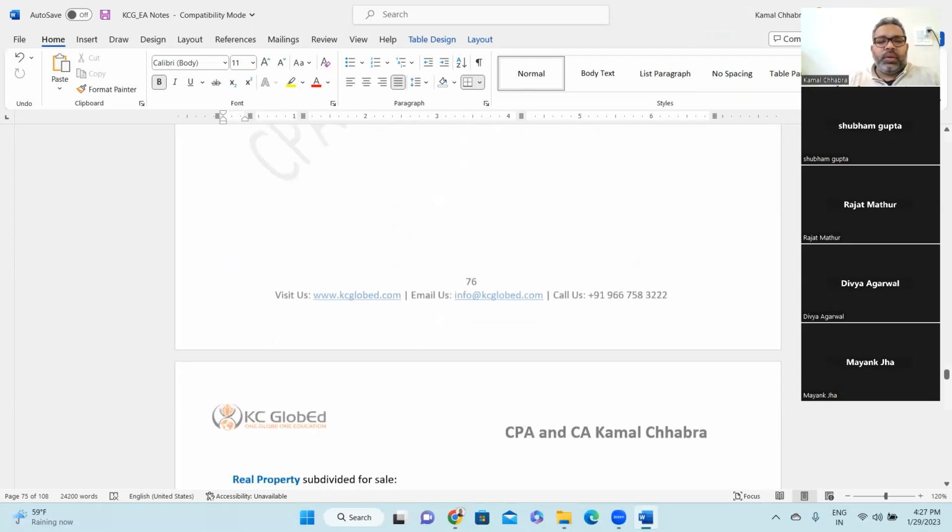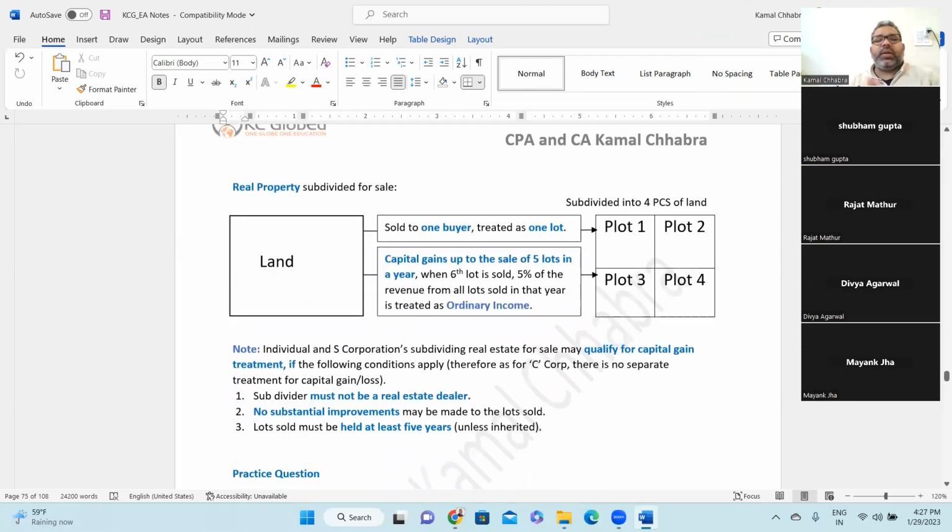Right? So now let's take one more example over here. That is something new you need to understand. Real property which is being subdivided for sale. For example, you have a piece of land. Let's say you have a 1000 square yard piece of land. If you sell that piece of land as it is, then it is a capital asset.